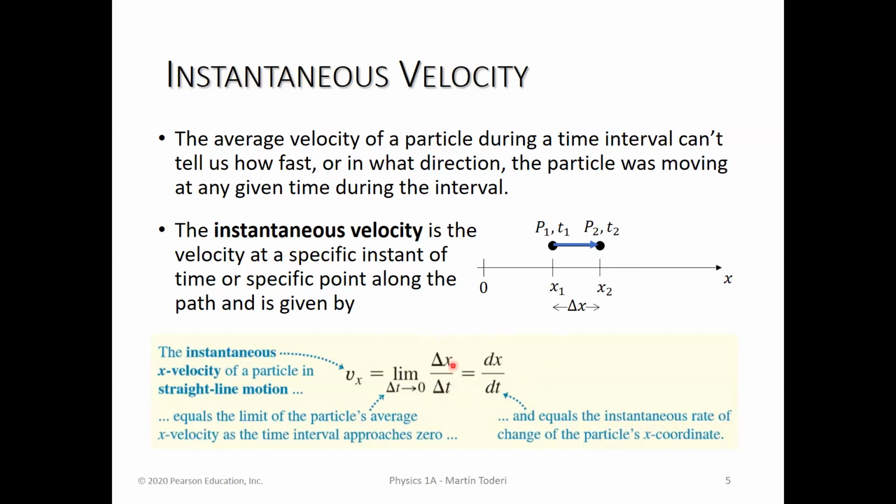So what this gives us, if you remember that from previous math classes, is the derivative of the function of position with respect to time, dx/dt, and that will be the instantaneous rate of change of the particle, with dt, which is delta t tending to 0. It's an infinitesimally small portion of time.